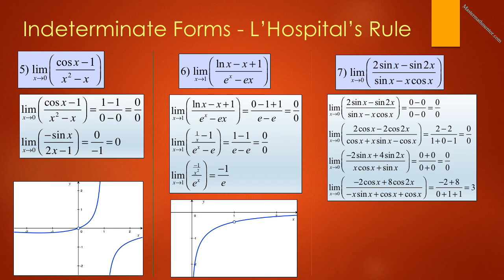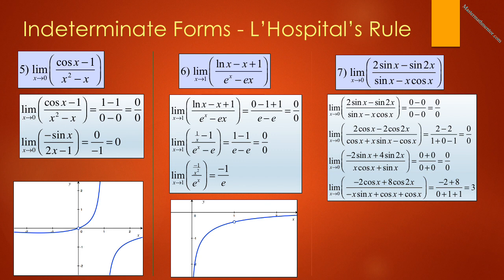So carefully applying L'Hopital's rule, we get the limit as x approaches 0 of 2 cosine x minus 2 cosine of 2x over cosine x plus x sine x minus cosine x. Plug in and we get 2 minus 2 over 1 plus 0 minus 1, or 0 over 0.